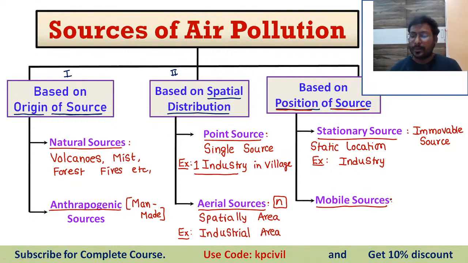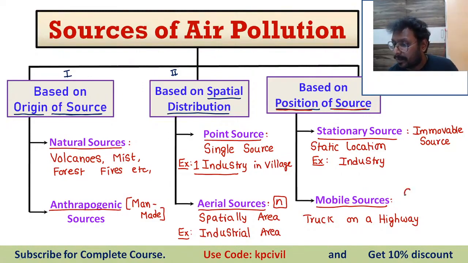Mobile sources, moving sources, simple. A truck moving on a highway. Will it cause air pollution at the same place? Vehicle, very good, Dhanush. A truck moving on a highway, will it cause air pollution in the same place every time? So it changes its location time to time.